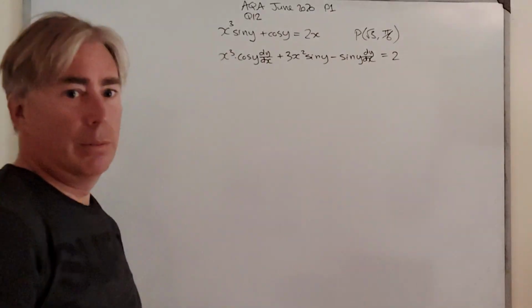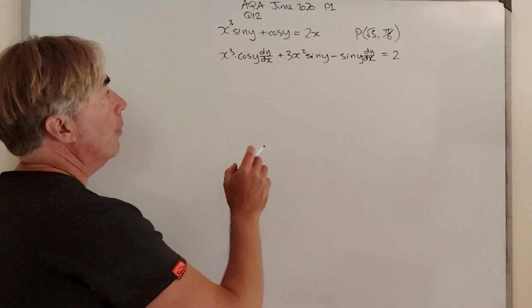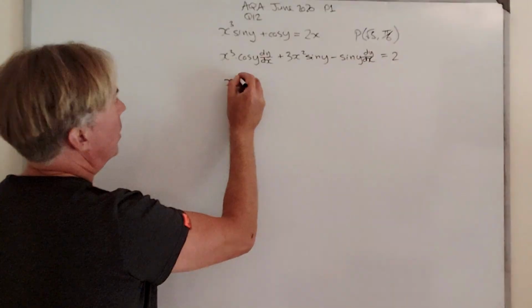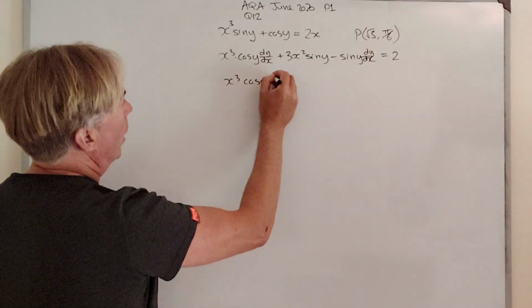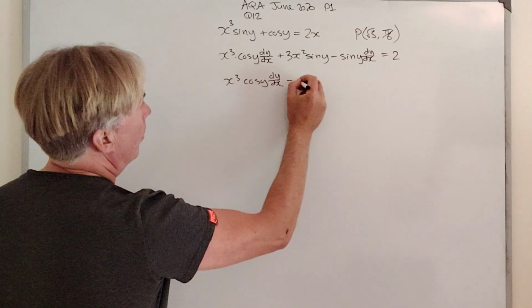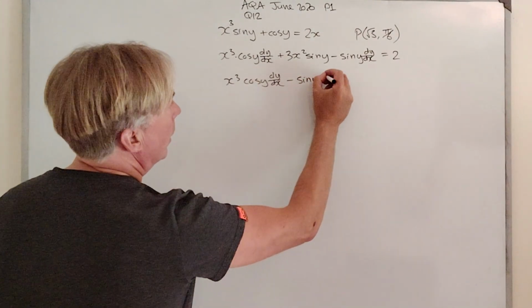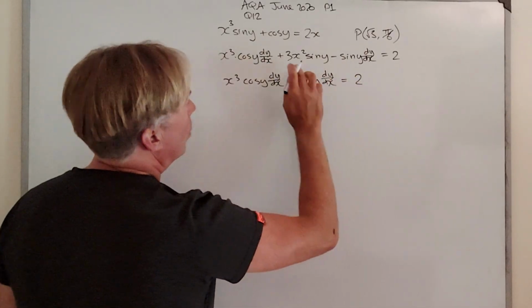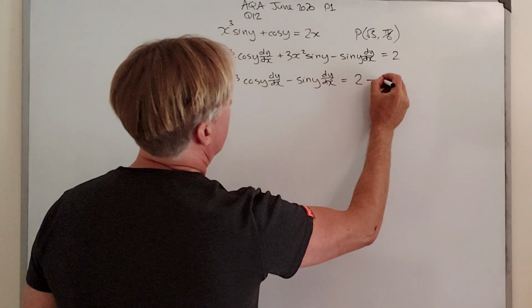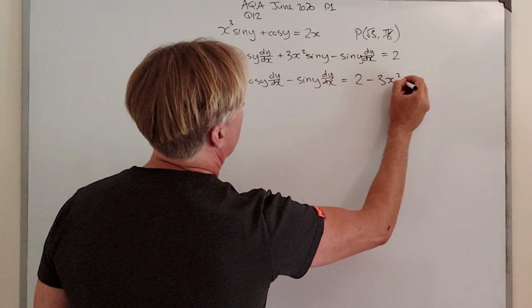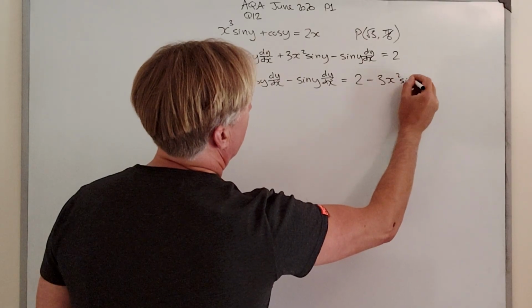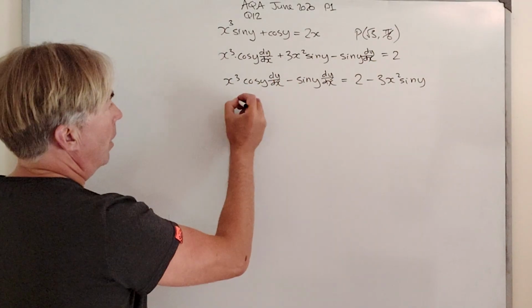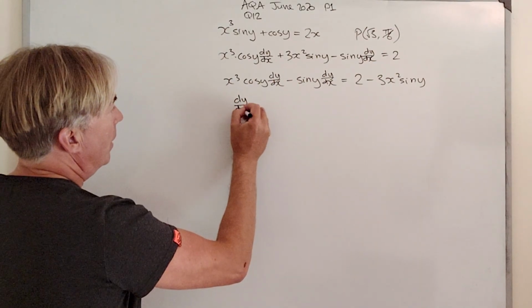Okay, so first bit done. Now we just need to collect our dy/dx's together. So we end up with x cubed cos y dy/dx minus sine y dy/dx equals 2. I'm going to subtract this term 3x squared sine y. Now it's just a basic process of taking out our factor of dy/dx.